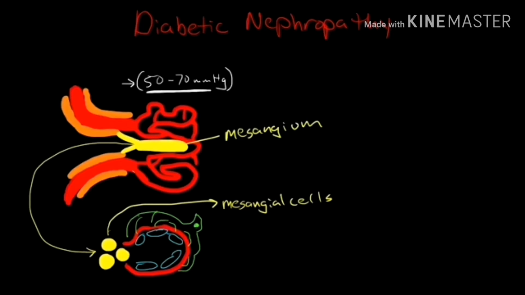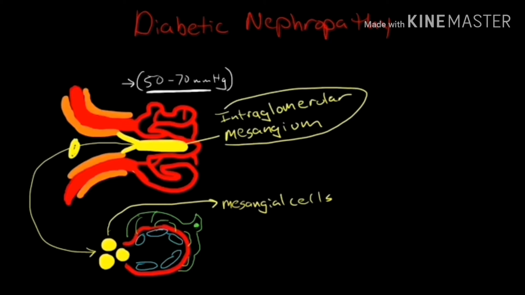Actually, to be more specific, this is called the intraglomerular mesangium, because there is another mesangium outside the glomerulus that is part of the juxtaglomerular apparatus, and they're similar cells but they have a different function. So we're talking here about the intraglomerular mesangium.